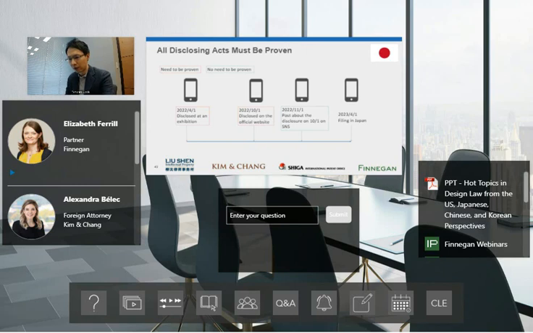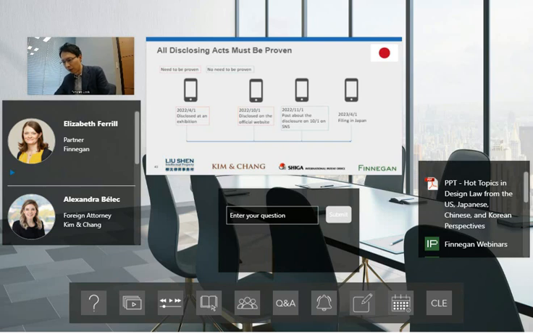And currently, all disclosing acts must be proven. I'd like to explain this requirement by using an example shown in this slide. First, an applicant disclosed a design of a smartphone at an exhibition on April 1st, 2022.